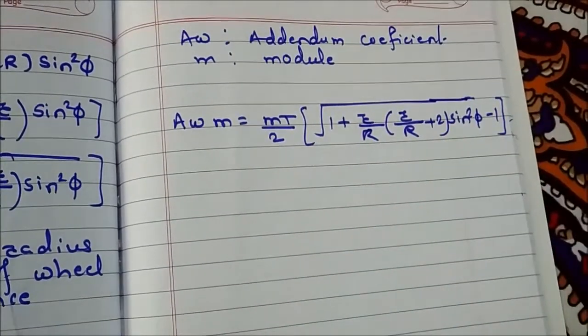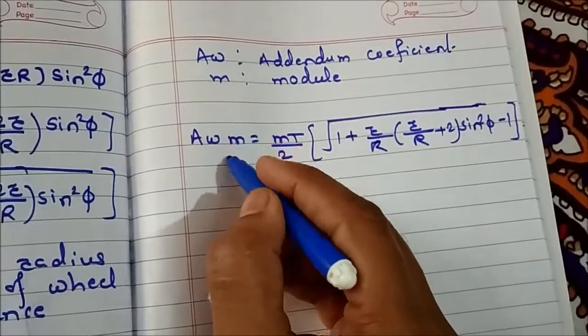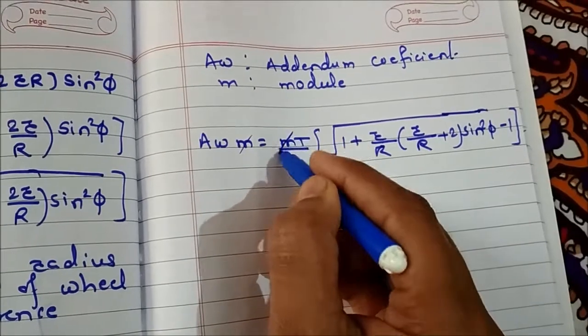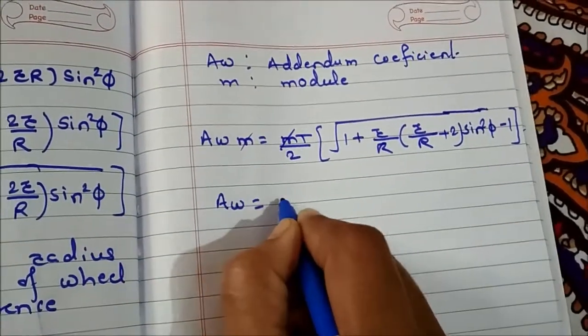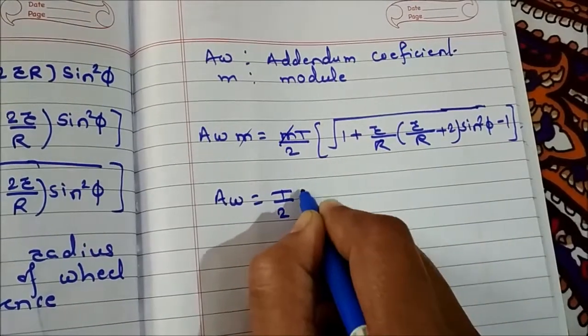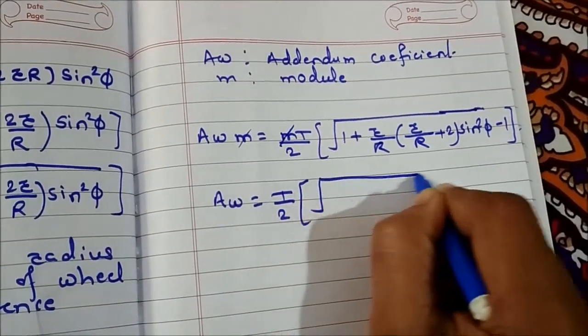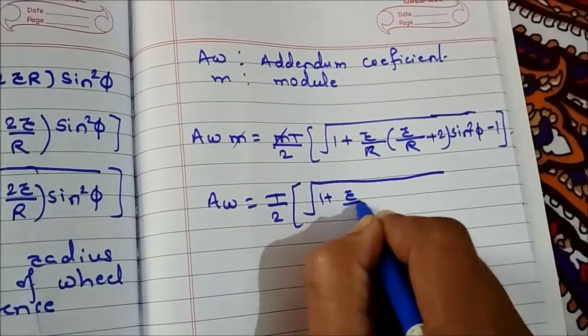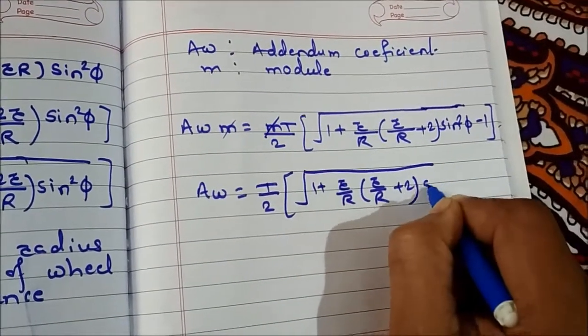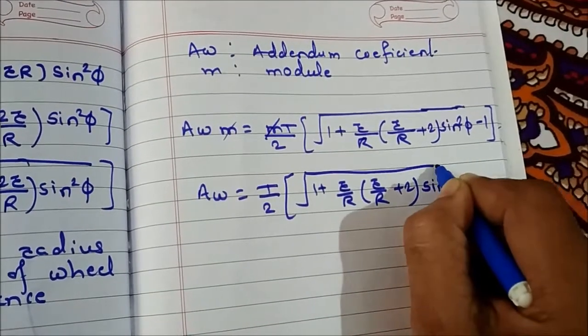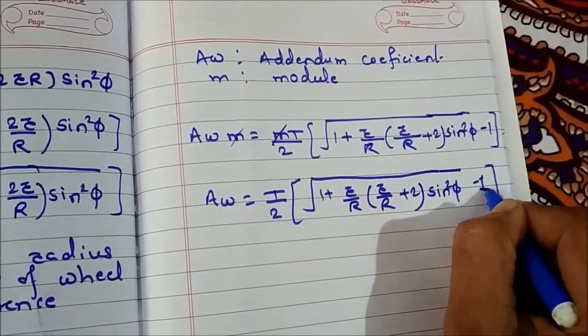Okay, so again this m gets cancelled, so what remains is AW is equal to T upon 2 into 1 plus r upon capital R, small r upon capital R plus 2 sine square phi, minus 1, close the bracket.